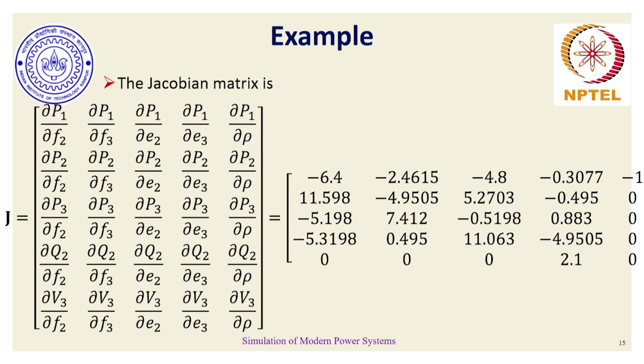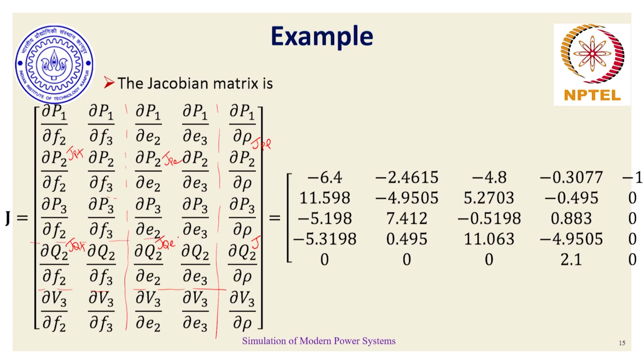The difference here is that I have now 3 cross 3. I have got 9 submatrices. The 9 submatrices are of this order. This is JPF, this is JPE, this is JP rho, then JQF, JQE, sorry, I think I missed here.